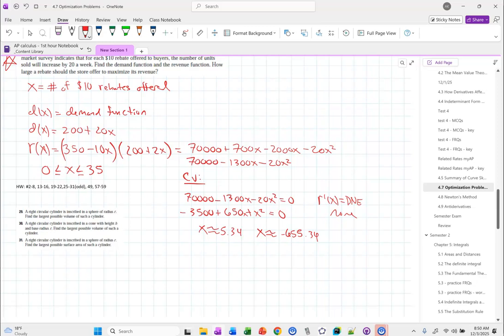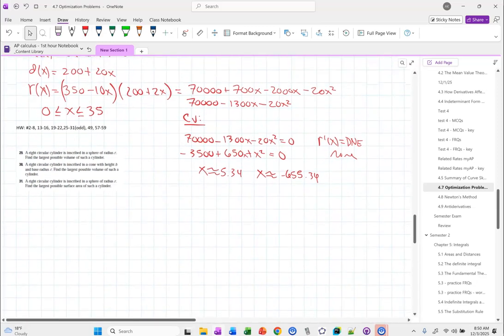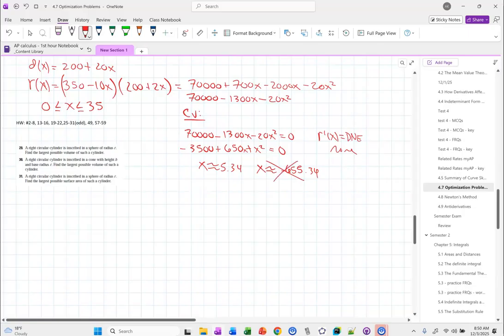So those are the results I get. Now this one is bonkers. Why can I eliminate that one immediately? It's outside of the domain, right? Like crazy answer, that ain't going to do it.